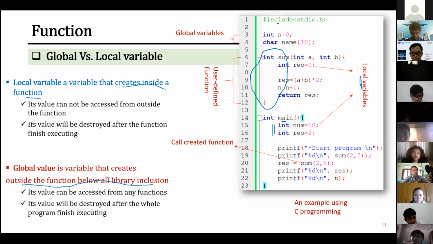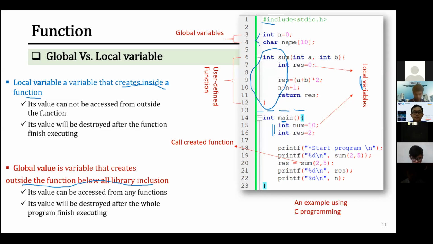For example, where we include our library here, we put our global variable down below that. It can also be below another function like sum here. We can also do that, but it's related to the scope. If we put it somewhere, the rule of thumb is that you can recognize some function or variable only if that variable or function was created before already.